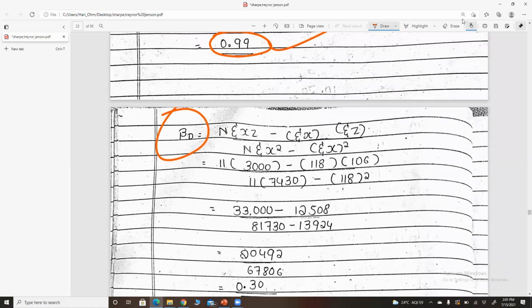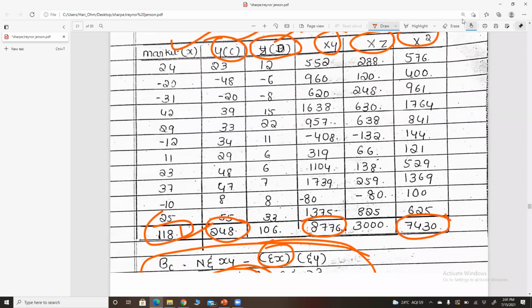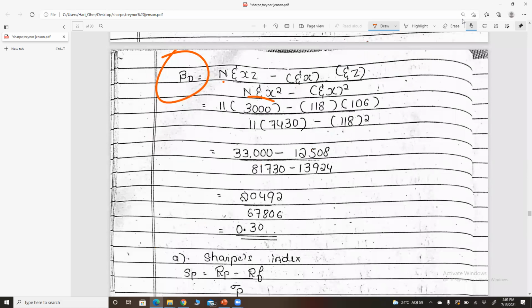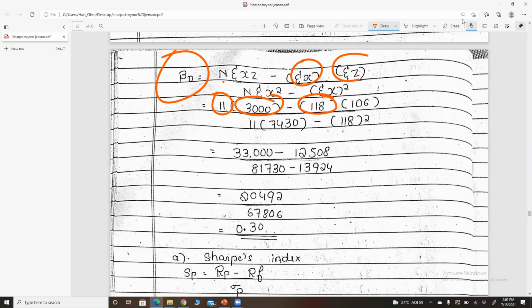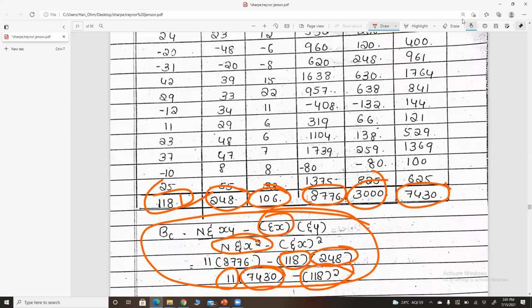Next, beta for D. So n into summation xz. Okay, xz, that is this column, 3000, xz column 3000, into 11. Then summation x is 118, summation z is 106. See, summation z is 106.